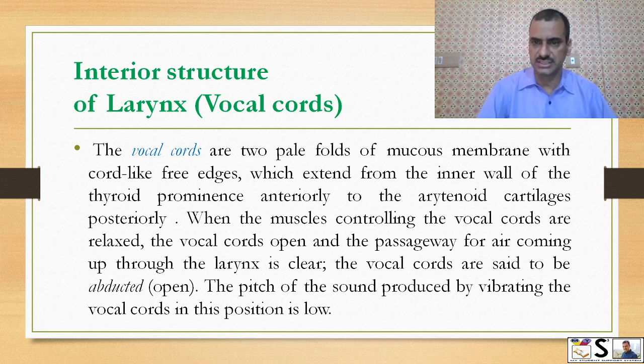When the muscles controlling the vocal cord are relaxed, the vocal cords are open and the pathway of air coming up through the larynx is clear. The vocal cords are said to be abducted at this time, or we can say it is open. The pitch of sound produced by vibrating vocal cords in this position is very low, or we can say nil.